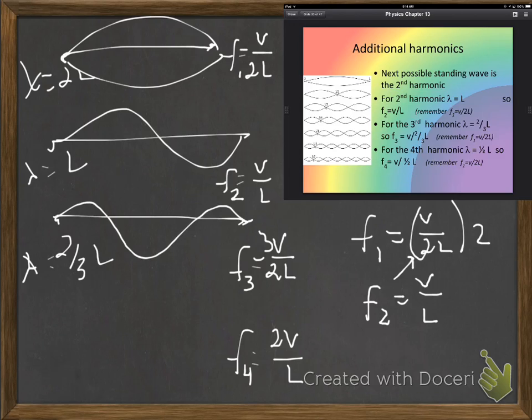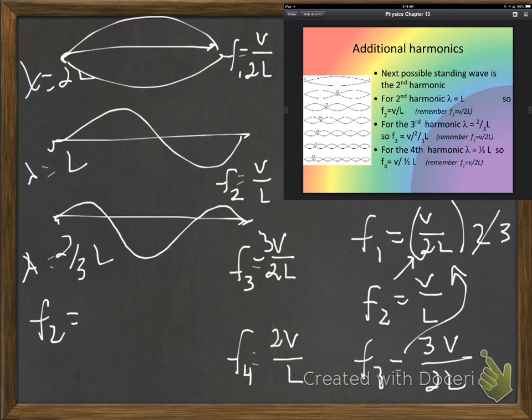For f3, it is 3v over 2L, which is the same as that times 3. Guess what the frequency for the fourth standing wave is? 4 times, yeah, 4 times that first equation. So, in other words, the frequency of the second harmonic is equal to 2 times f1.